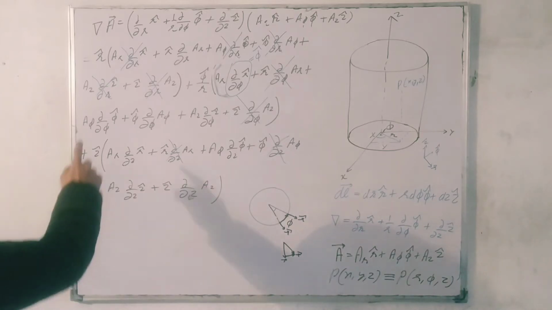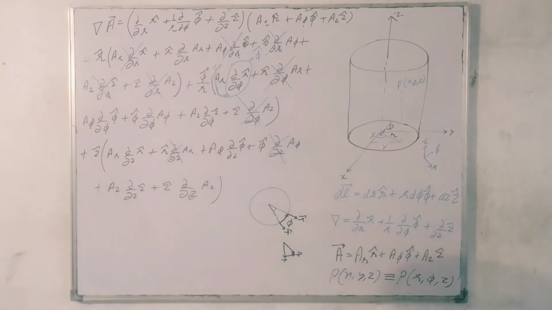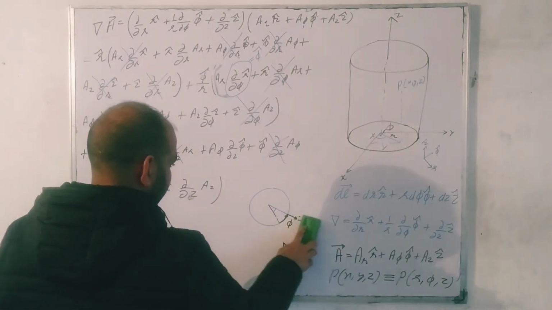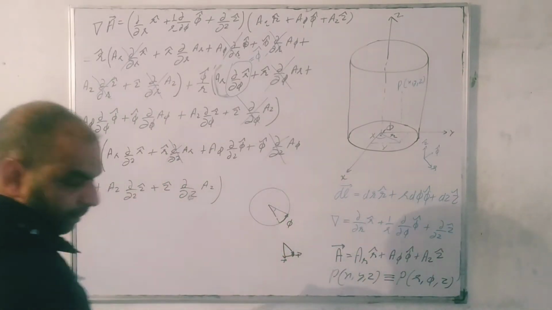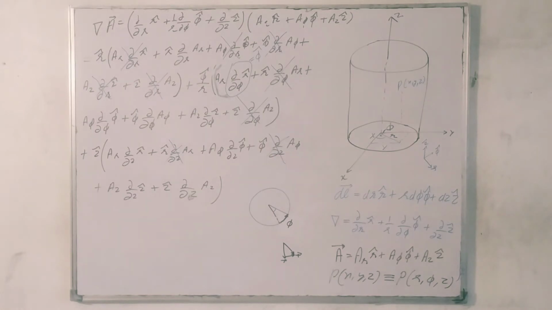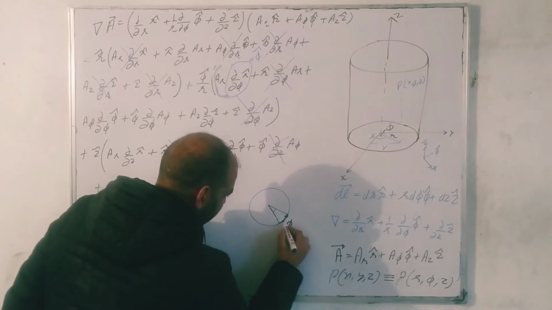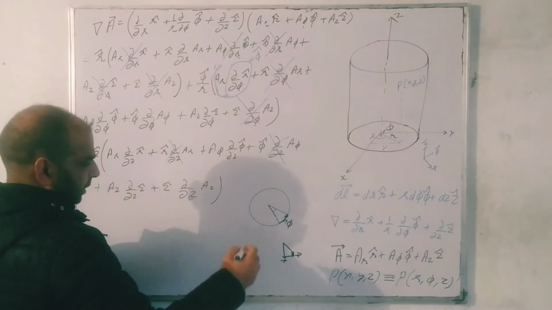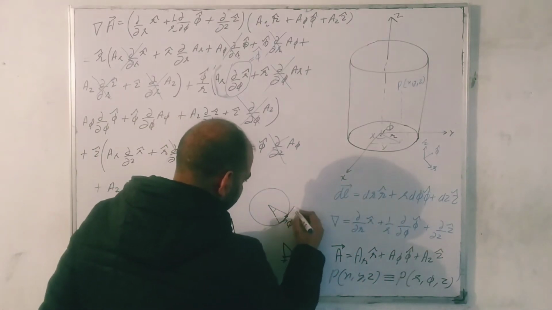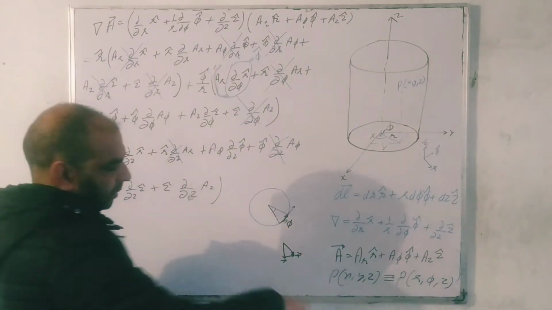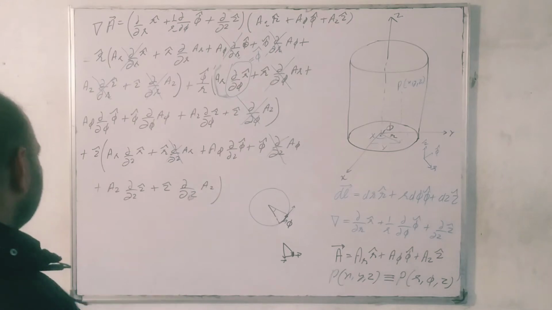Next, the change in phi cap with change in phi. What is happening? Suppose we change phi. At this point phi cap is in this direction, and at this point phi cap is in this direction. So phi is in the circular direction, and it is not going to change.